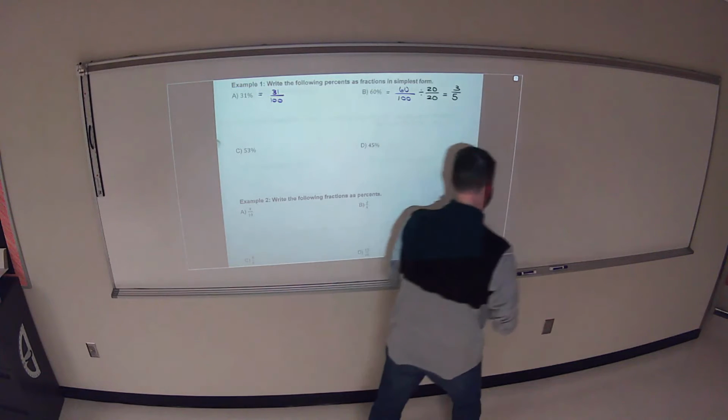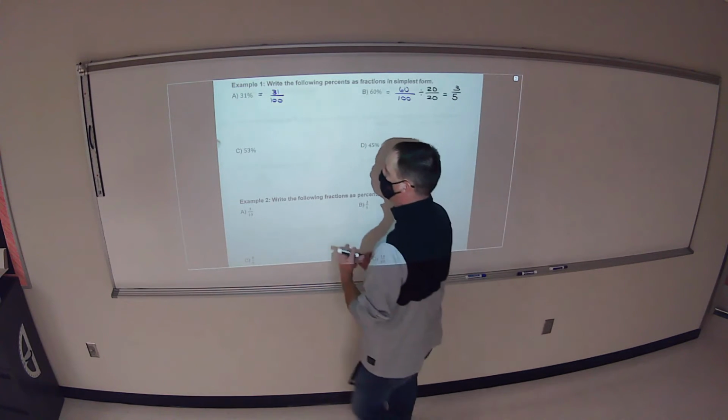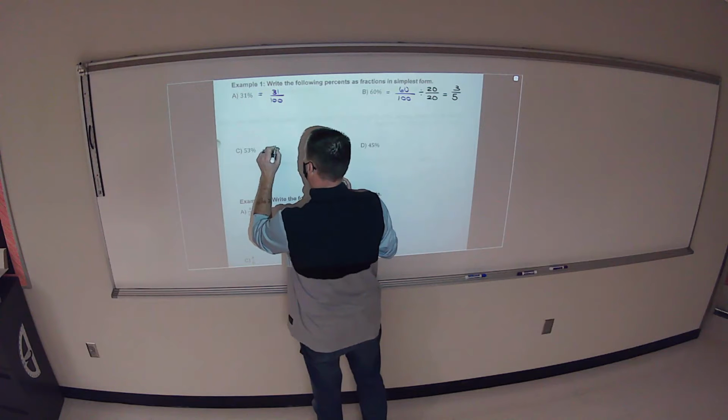All right, so for letter C, we're going to take 53% and rewrite this as a fraction over 100.